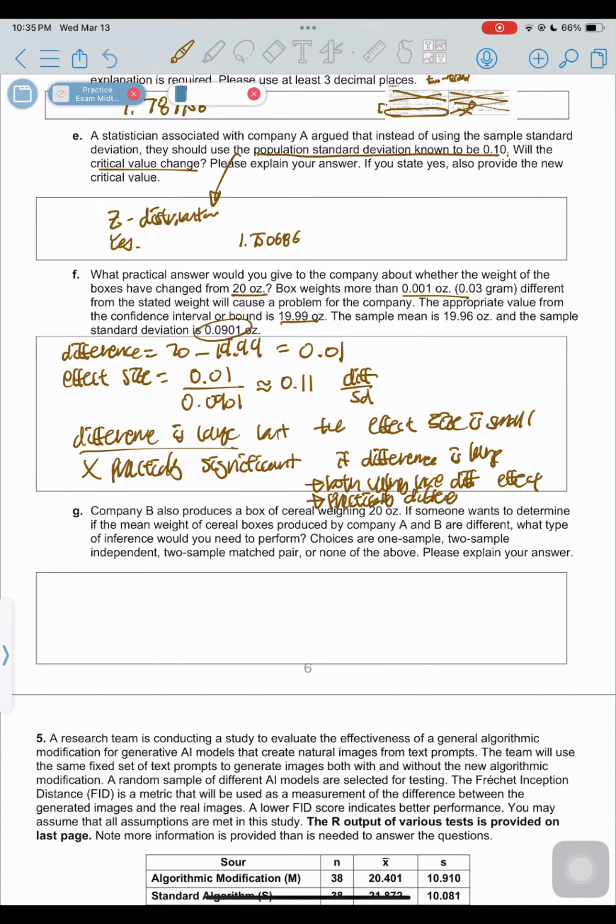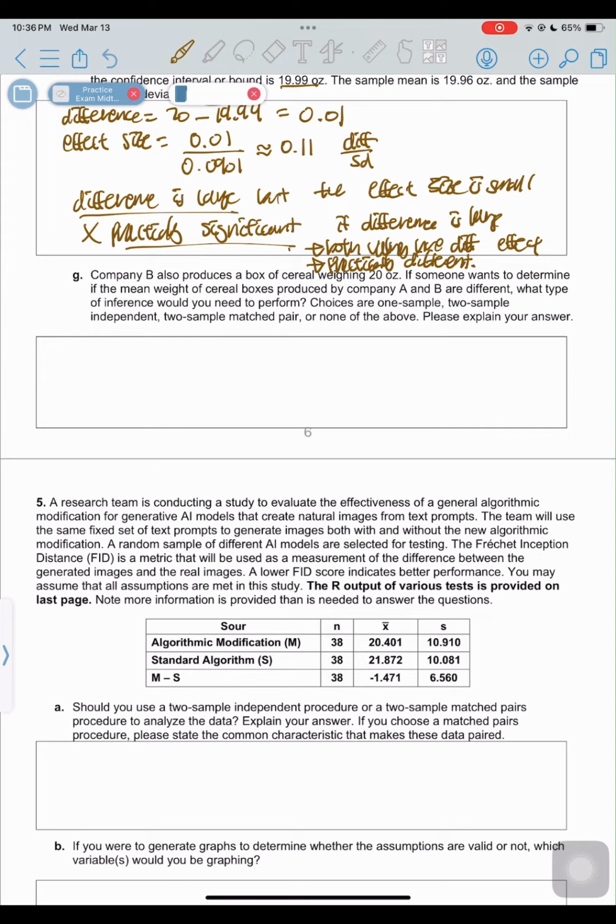So for this one, company B would use 2 sample independent, right? Because they still have to evaluate whether the mean value is different or not. So it's going to be an equal or not equal sign. That means it's going to be 2 sample. And then it's also independent because A and B are not correlated.